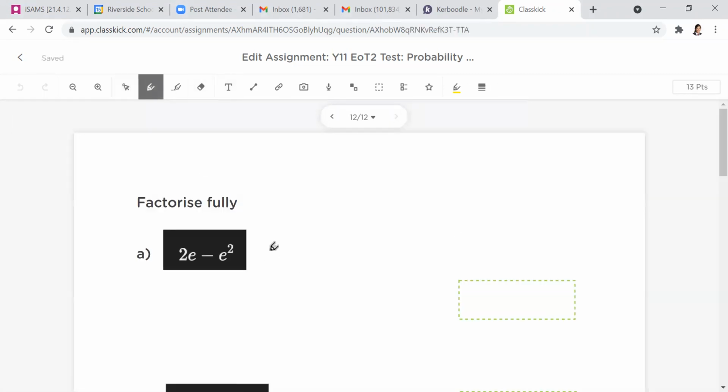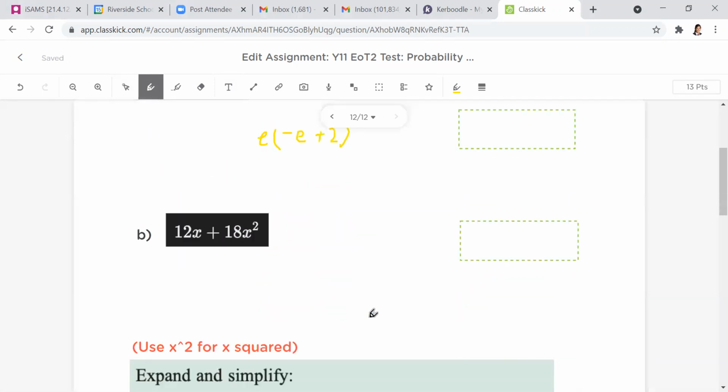And then the last page. Factorize fully. This was almost done correctly by everyone. The e goes out the front. You put a 2 there. You put an e here. Ta-da! Okay, some people did this, which is totally fine as well. All right, this one, some people only factorized halfway.